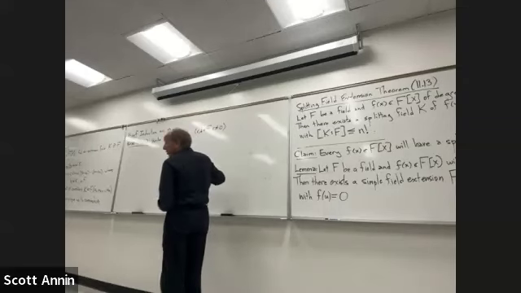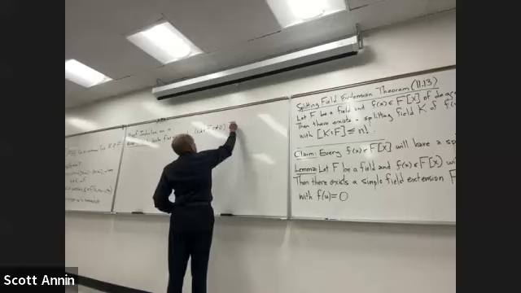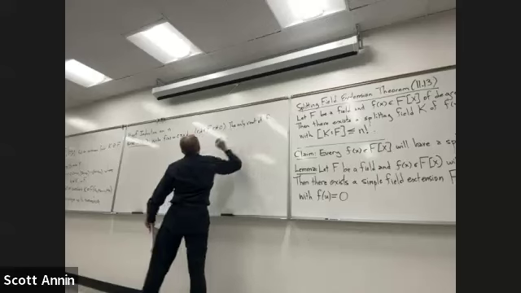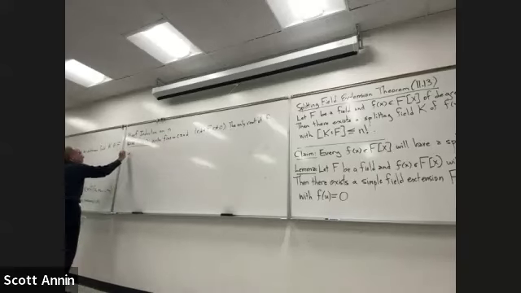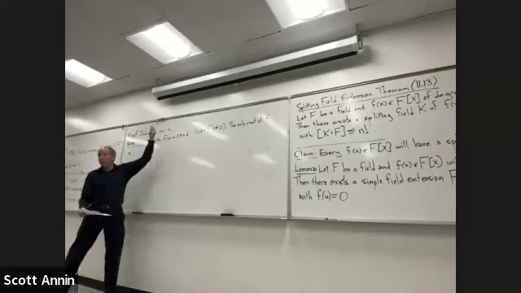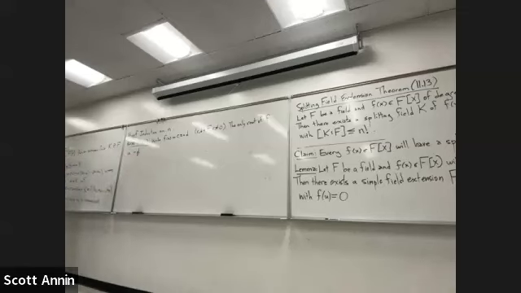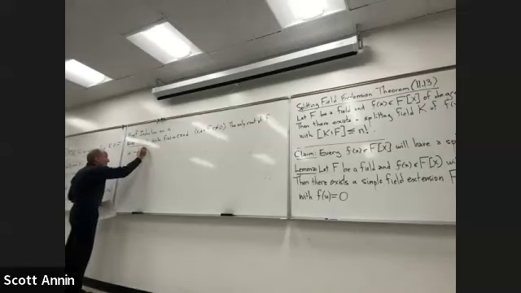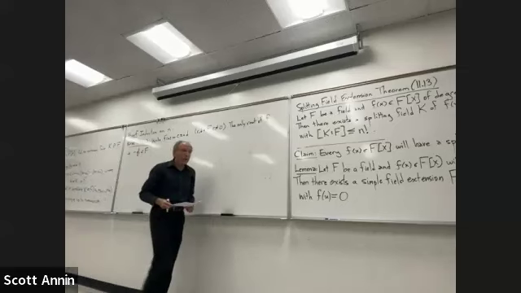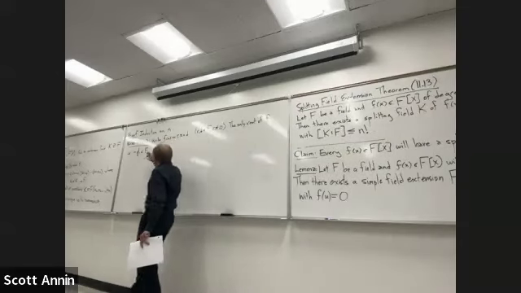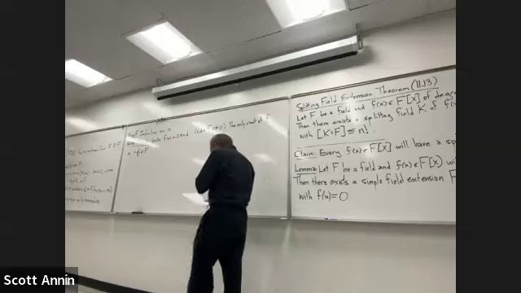You've got one root. The only root of f is, you just set that equal to 0 and solve for x. It's going to be negative d over c, basically. And that exists in F because F itself is a field. It's already got all the elements inside of it, including closure under division. So we'll certainly have that in there as well.